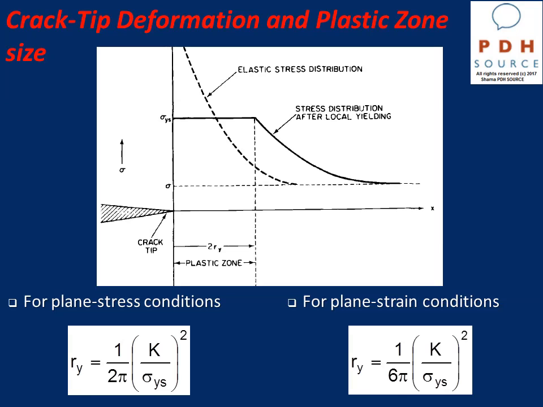Note that the plastic zone size for the plane strain condition is much less than for the plane stress condition. For the plane stress condition, yielding is more pronounced. And we'll talk about this later when we discuss the constraints.